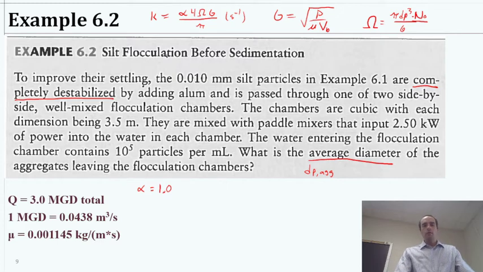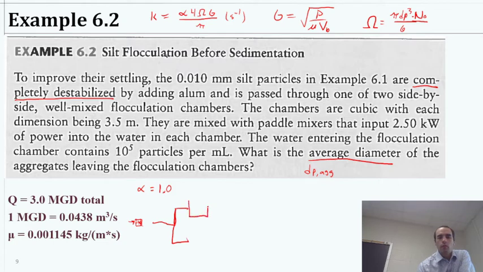Okay, so then we have a description of the actual chambers. So we had some sort of a coagulation dosing. It's usually a pretty small chamber. So we'll just say that's coagulant added there. Then from here, it's going to two side-by-side chambers, each with 3.5 meter dimensions. So these are cubic, 3.5.